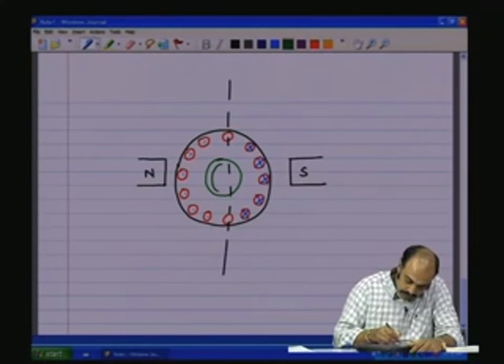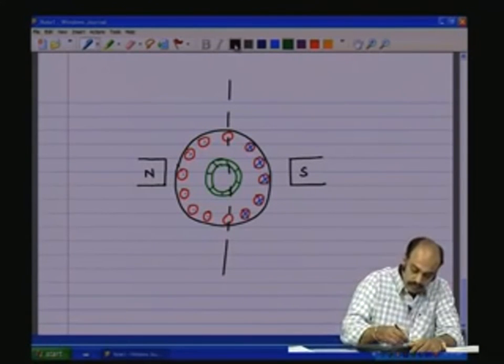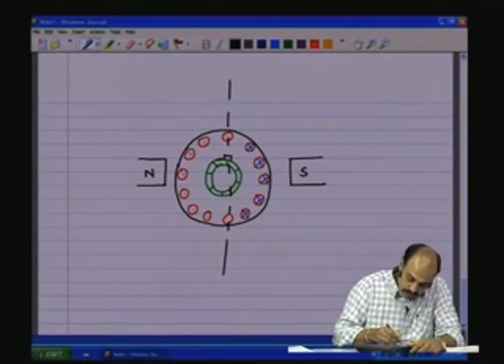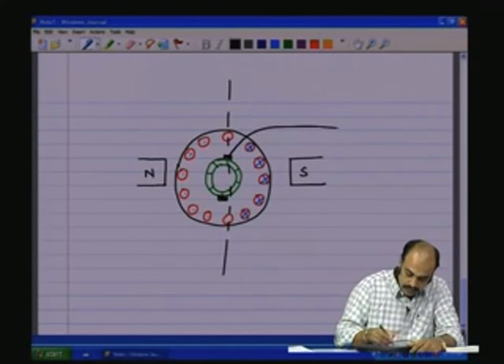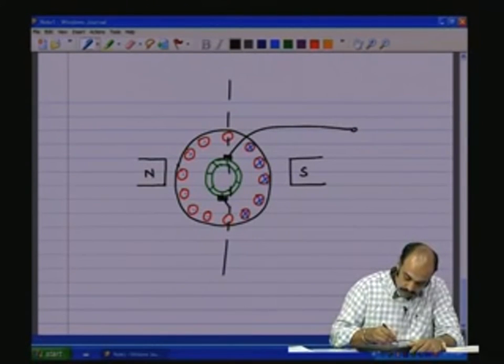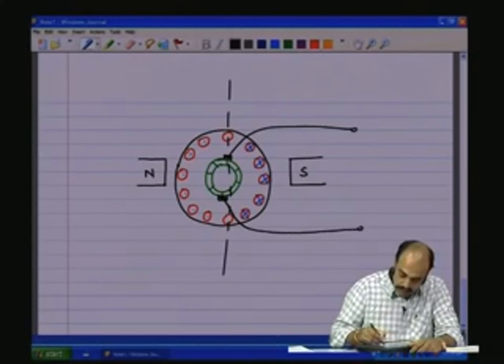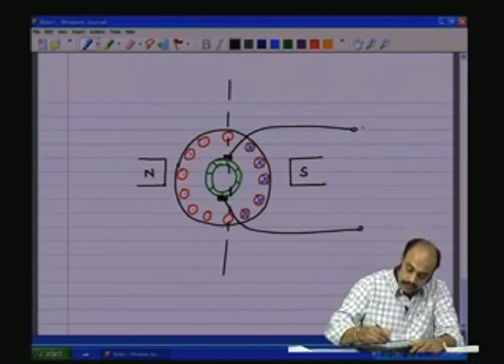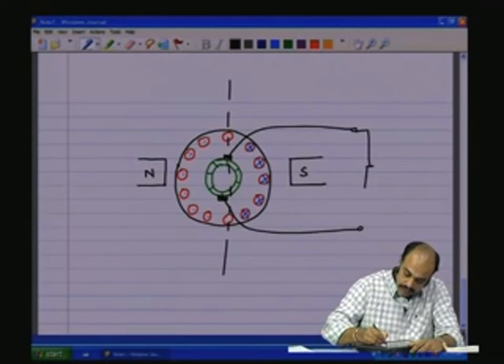So, the armature conductors are connected to the commutators, and through the brushes, we see that the external circuit is connected.